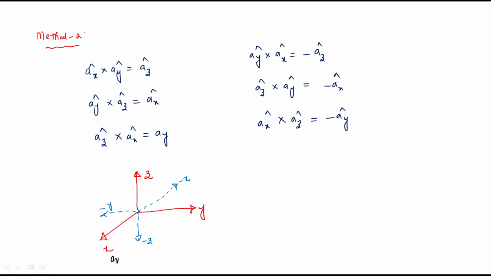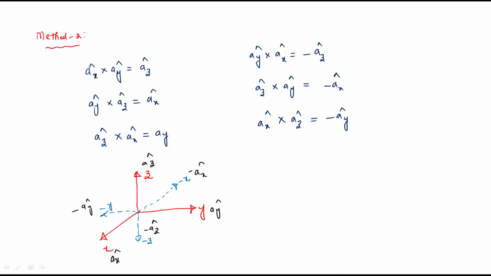Which is nothing but what? This is ax cap, this is ay cap, this is az cap. But coming to this negative x, which is minus ax cap, coming to this negative y, minus ay cap, coming to this negative z, minus az cap.